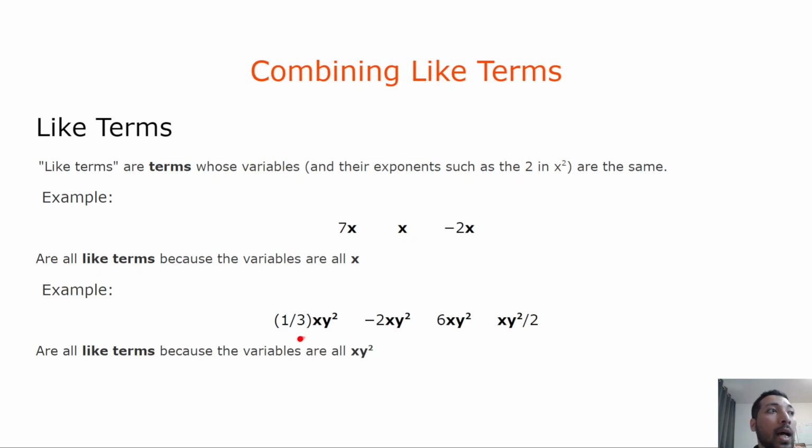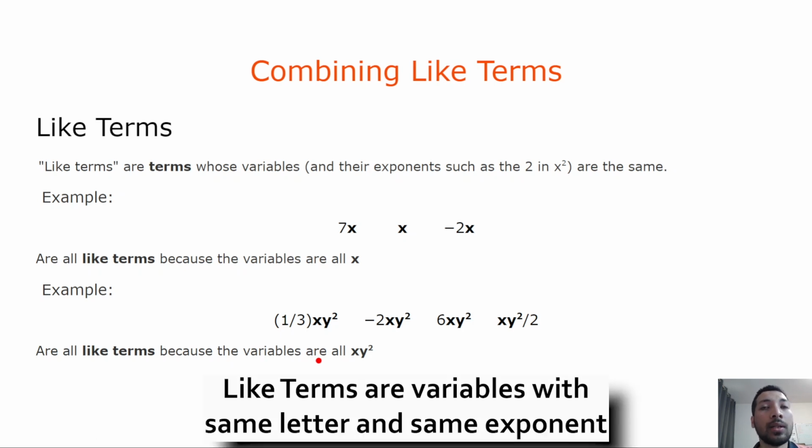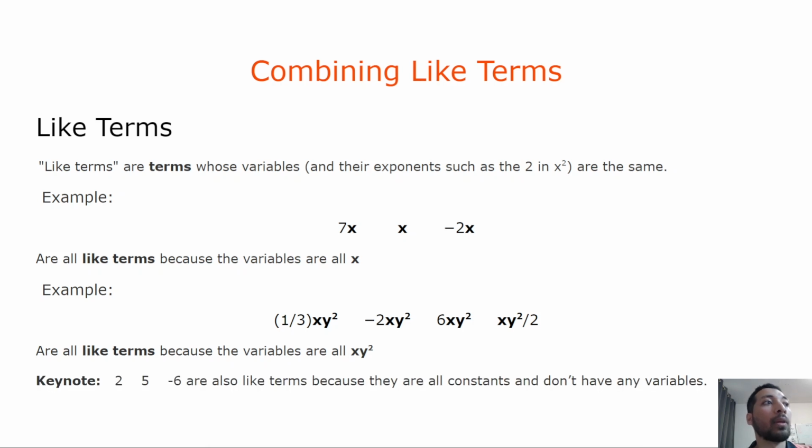Similarly, if you have 1 over 3 xy squared, negative 2xy squared, 6xy squared, xy squared over 2, they are all like terms because the variables over here are all xy squared. So if you have the same variable and the same exponents, we have those as like terms.